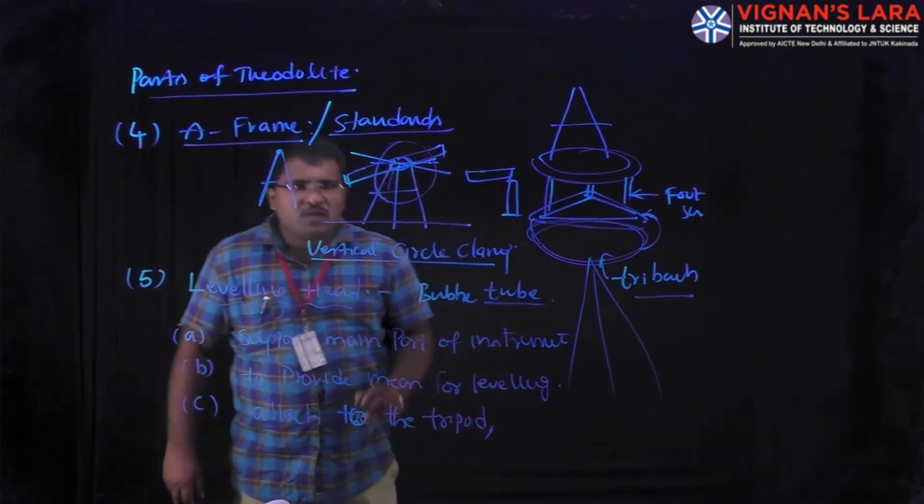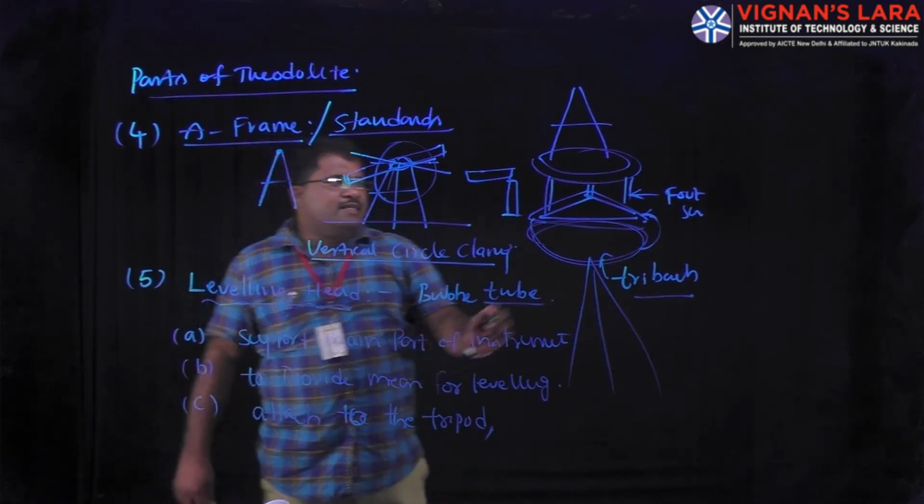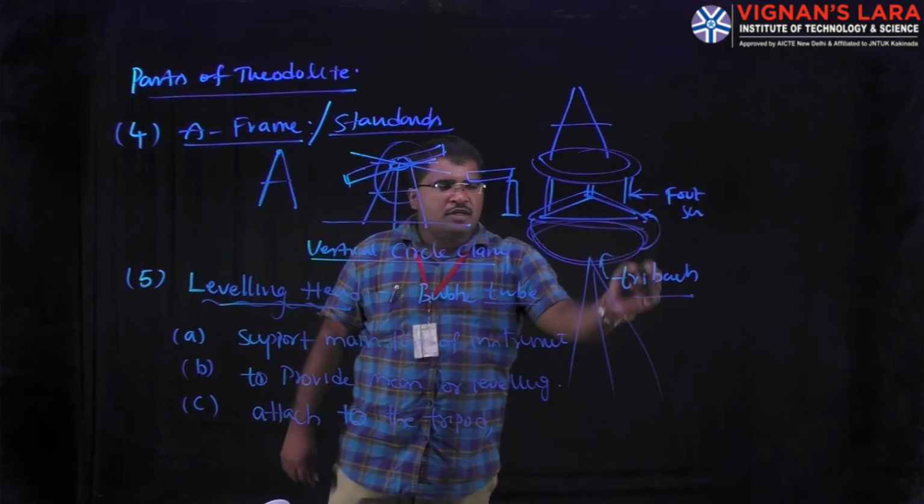Now we can see the leveling head. This leveling head has two parts, upper and lower tribrach.